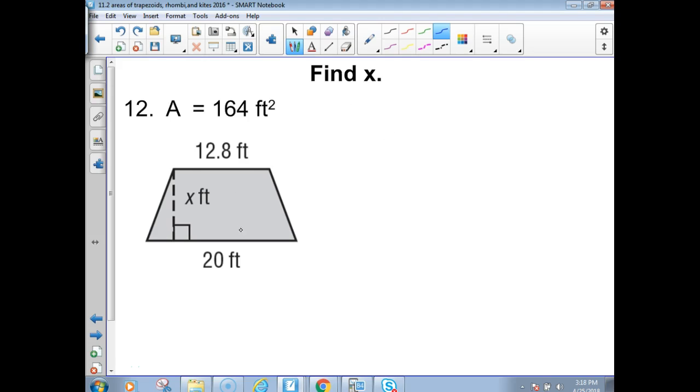So what I've got to do, I see a trapezoid. The first thing you do is go to your formula sheet and write down the formula for the area of a trapezoid. That is the best way to do these problems. Now say, well, I've got an A, so I plug in 164.